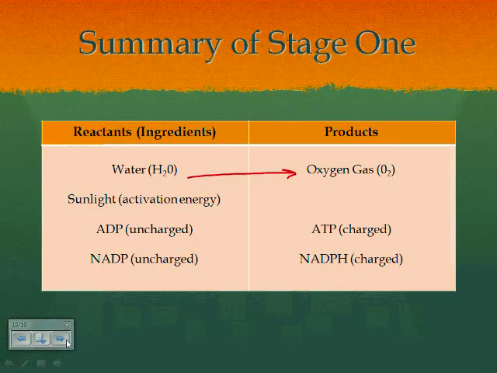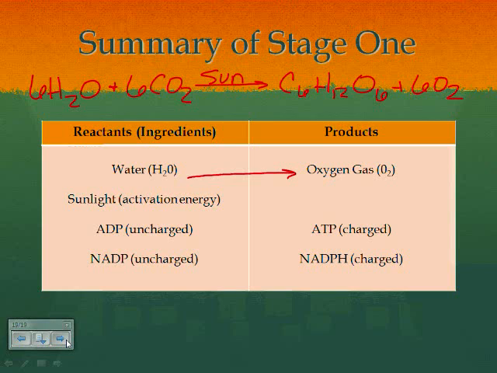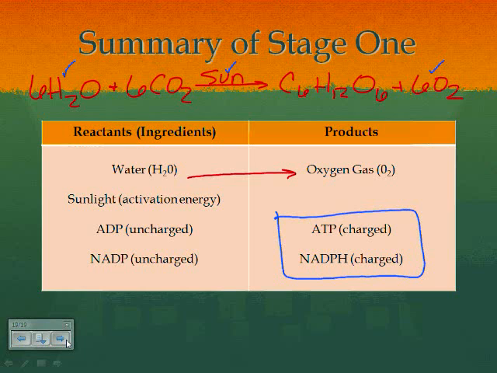If we go back and look at our equation, we've got water was used, oxygen was made, sunlight was used, and now we have these two charged molecules to move on to stage 2. Zach? See H for NADPH, where the hydrogen. Yes. Yep. Where the hydrogen comes in, yes.